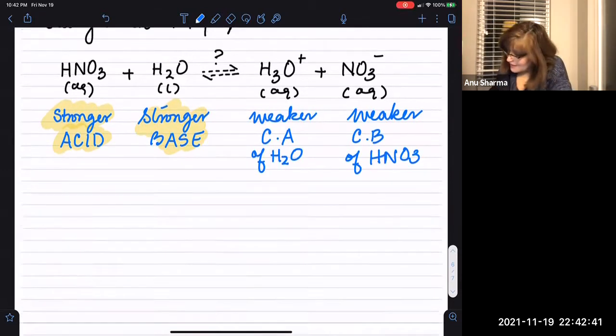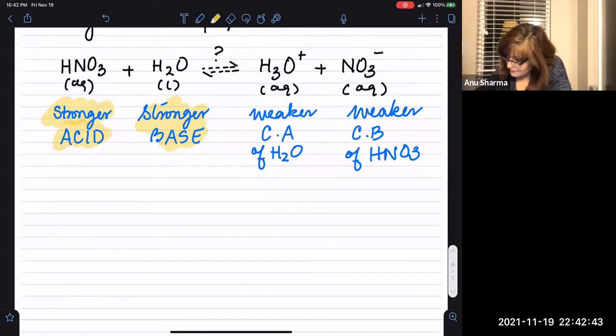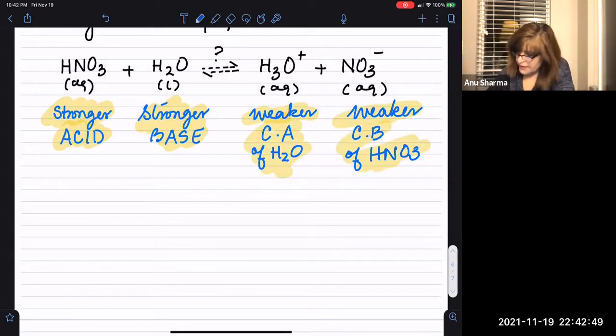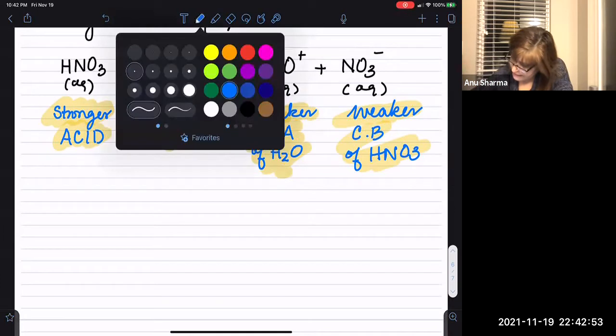Okay, all right. So that's the first thing you do: identify the strong acids, strong bases, and their conjugate acids and bases. Next, you're going to do a comparison.